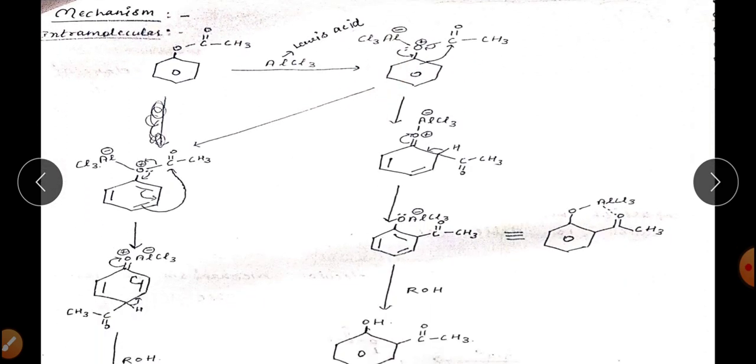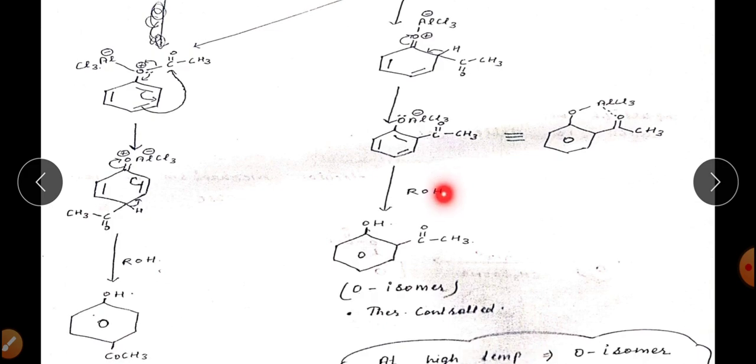So this particular intermediate will be formed in that case, and finally H+ will be eliminated from here, with migration of the bond from C=O to oxygen, and here you will get this product.